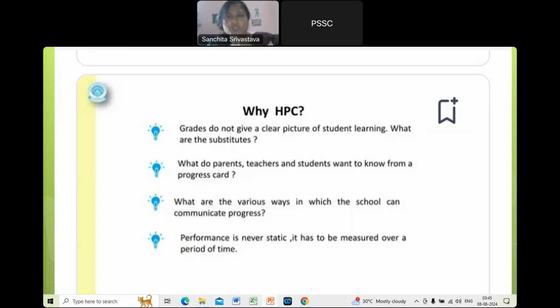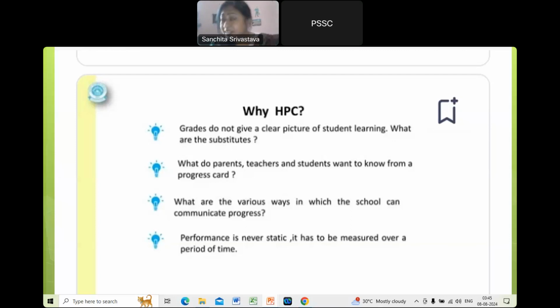So you cannot definitely judge the child, isn't it? Now, what are the various ways in which a school can communicate progress? See, communication is very, very important. We are also accountable as teachers, as stakeholders. Yes, we need to know, because we are here creating future citizens.